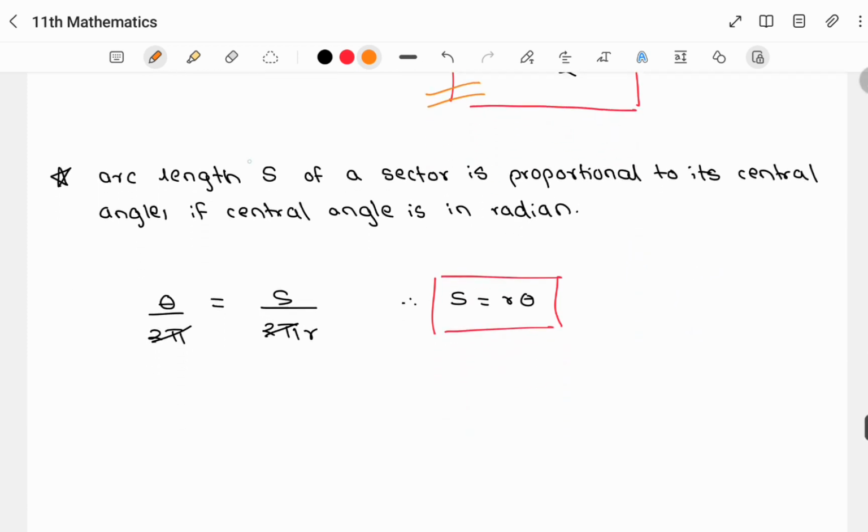Similarly, arc length S is also proportional to the central angle, but the central angle should be measured in radians. Again, by using the direct proportion relation, we have theta upon 2 pi is equal to S upon 2 pi r. 2 pi gets cancelled, therefore we have S is equal to r theta.